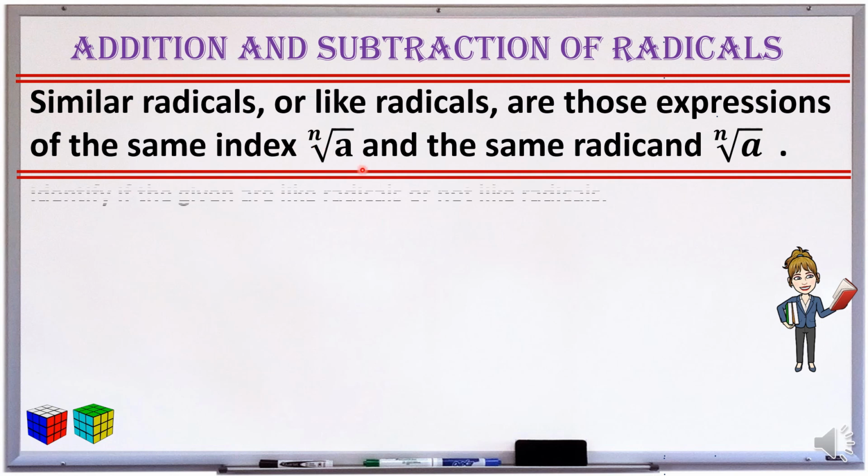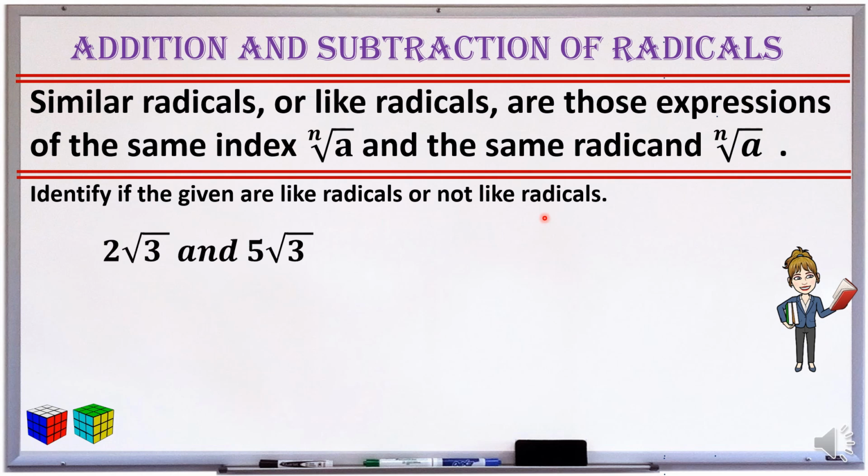Okay po? So now, let us identify if the given are like radicals or not like radicals. For example, we have 2 square root of 3 and 5 square root of 3. In our first expression, 2 square root of 3, we have an index of 2 and a radicand of 3, regardless of the term outside the radical symbol.